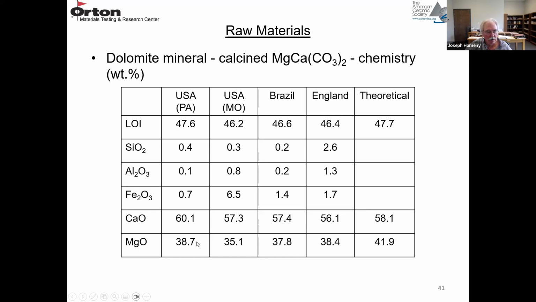And then the MgO contents are in the middle to high 30s. Theoretically, it should be around 41. But you have impurities present in these materials. This one has a great deal of iron oxide present, 6.5%. So again, SiO2, Al2O3, and Fe2O3 are the main kinds of impurities.